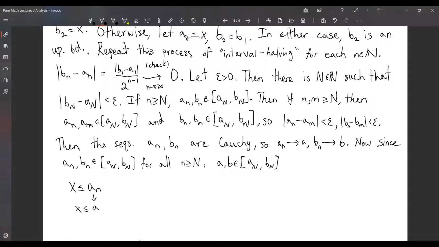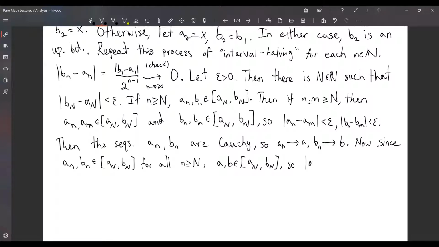And you can prove that by contradiction. If you assume a is less than x, then you can take epsilon to be, say, x minus a, and then for some n big enough you would get a sub n less than x, which is a contradiction. I feel like we did that proof already, but I'm not sure. You should go through the details yourself, of course.